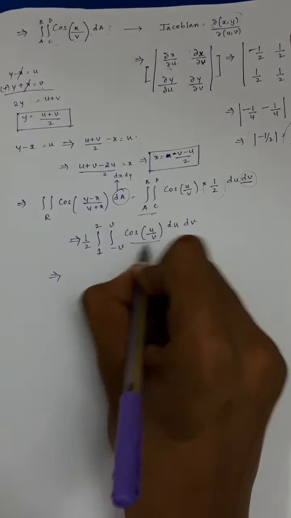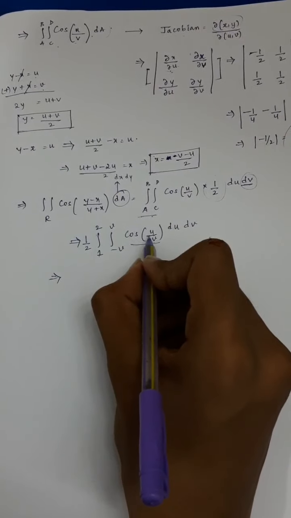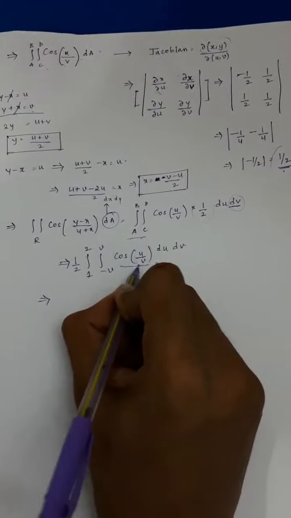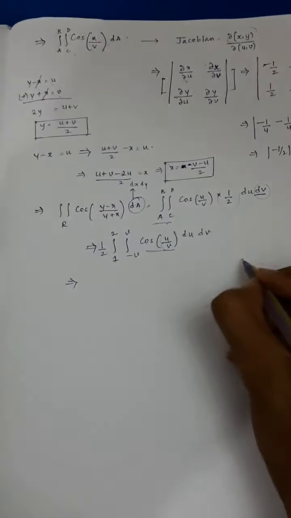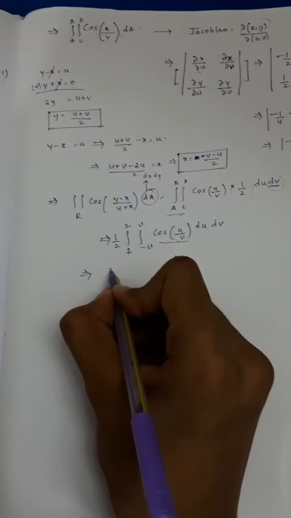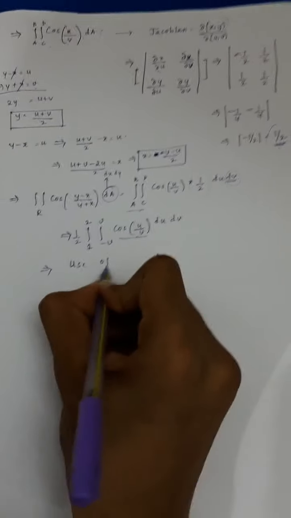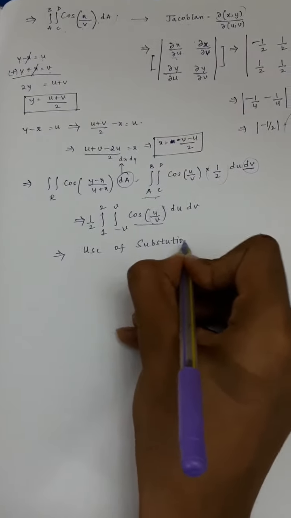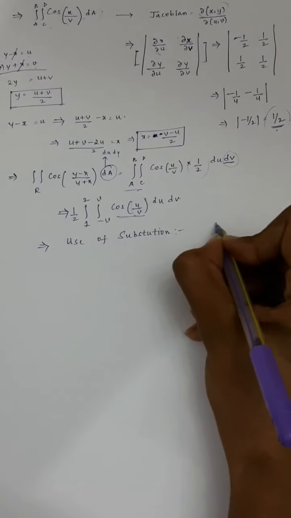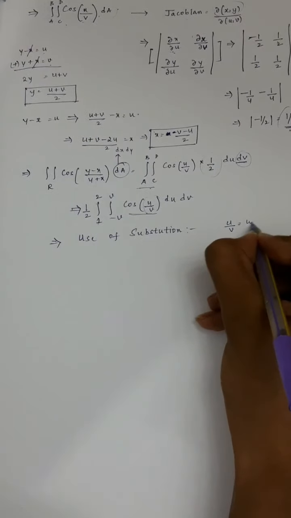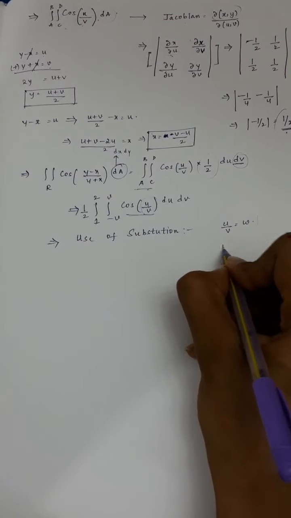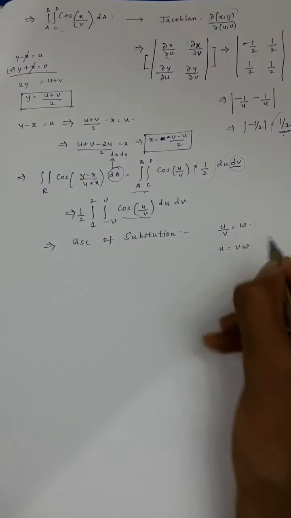So now it's a double integral. In order to simplify this complex function, let's use a substitution. Let's assume that u by v is w. This is the substitution we have taken here. So u is equal to vw.